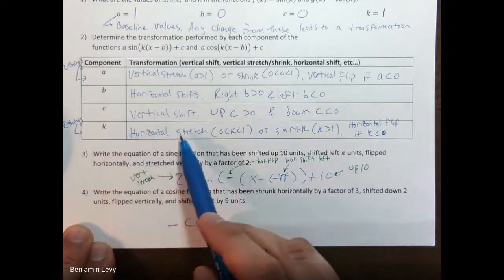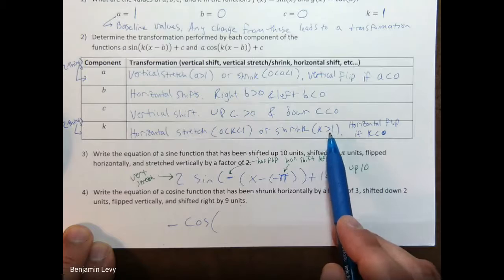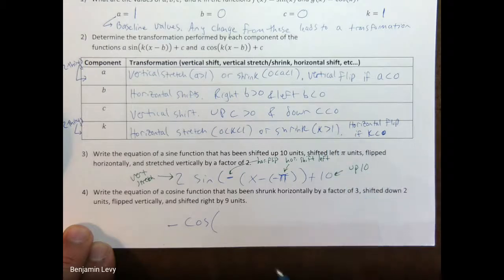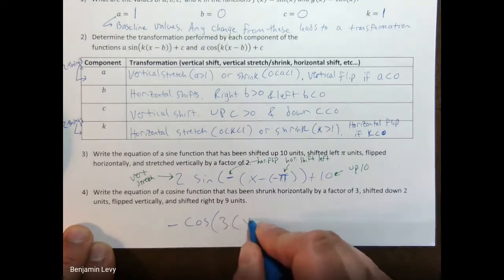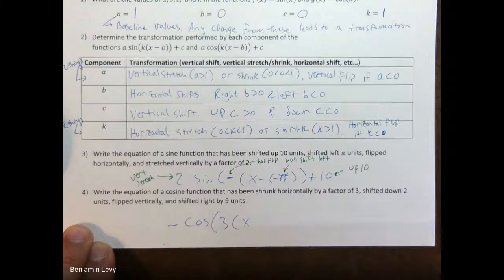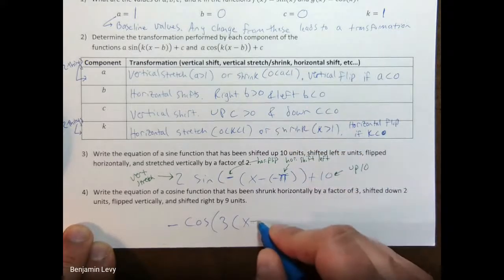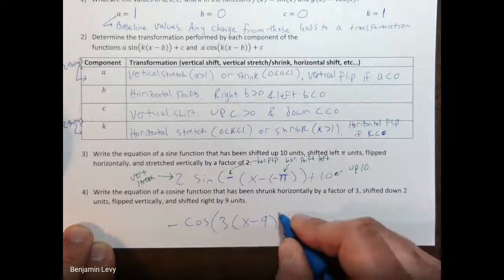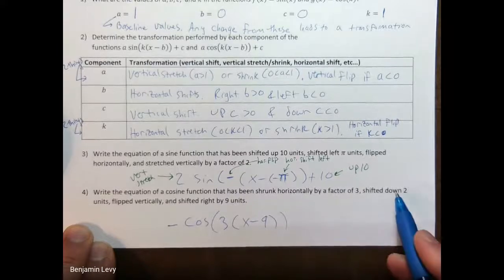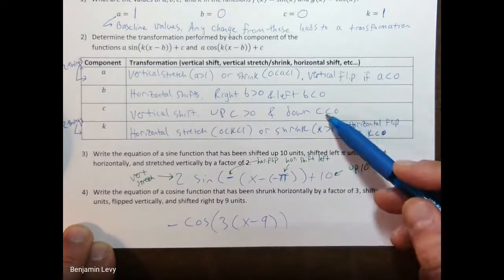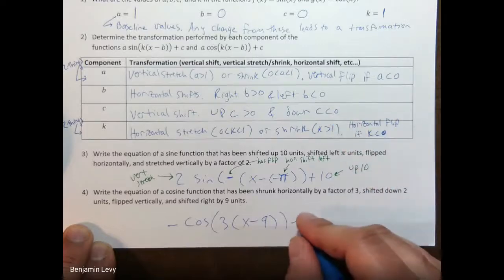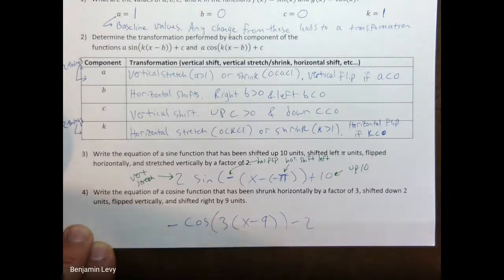So k does horizontal shrinking, and we want it bigger than 1, specifically 3. So it'll be 3 times x. But then we're going to shift right 9, so b should be 9, and so x minus 9. And if we want to go down 2, that's c, so c should be negative 2. And so that's what that ends up being.